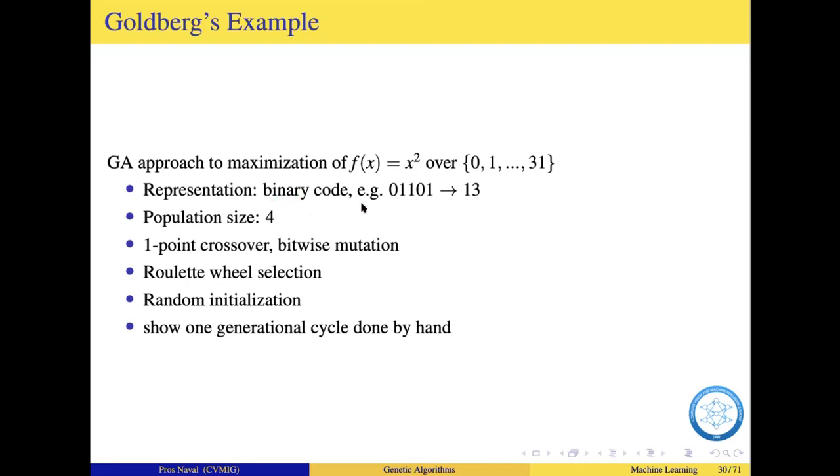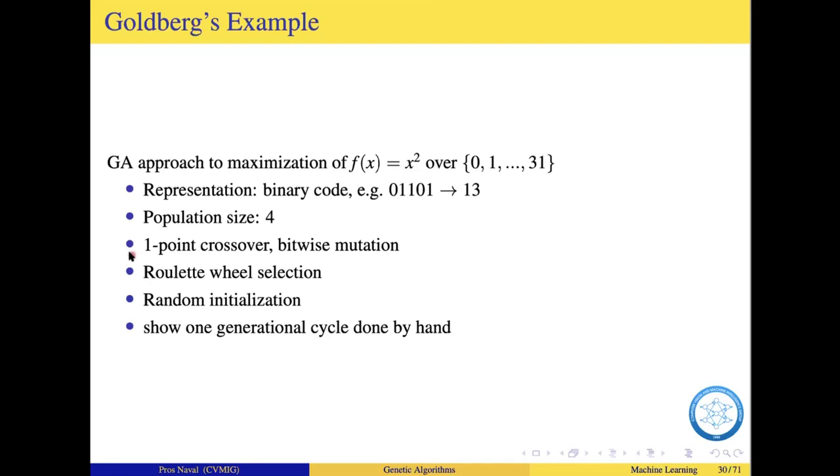So our binary code would be the appropriate one. We encode, for example, the number 13, x equals 13, as 0, 1, 1, 0, 1. And say we want a population size of 4 for our example.